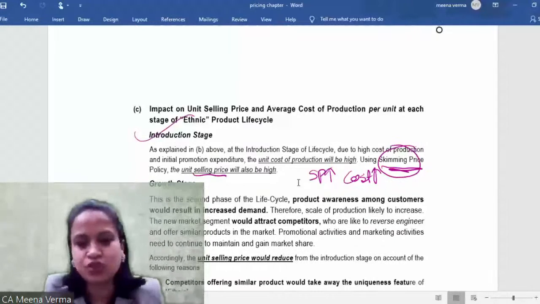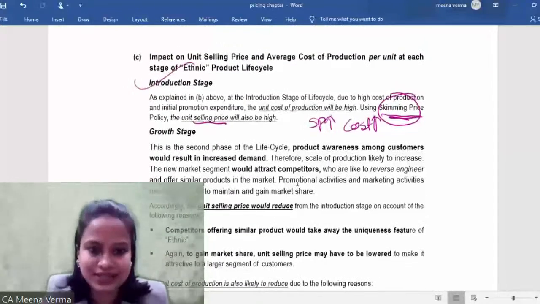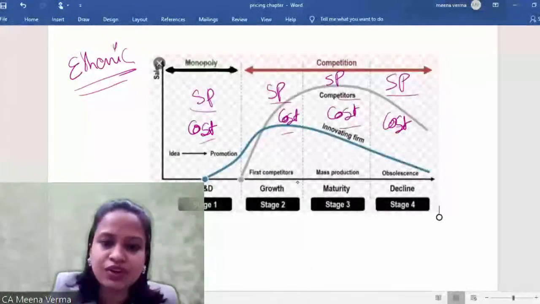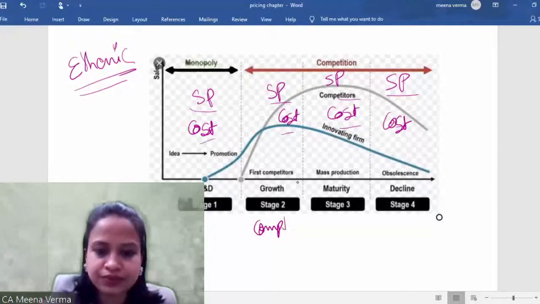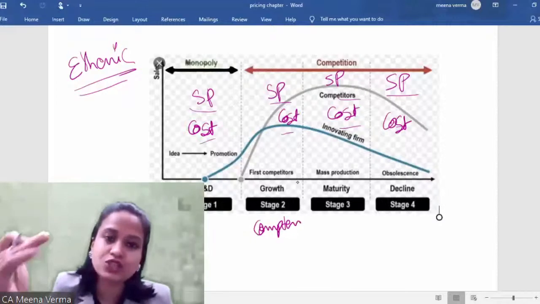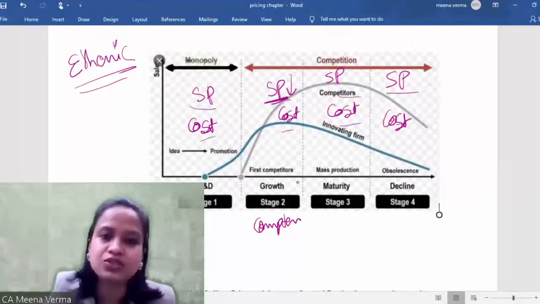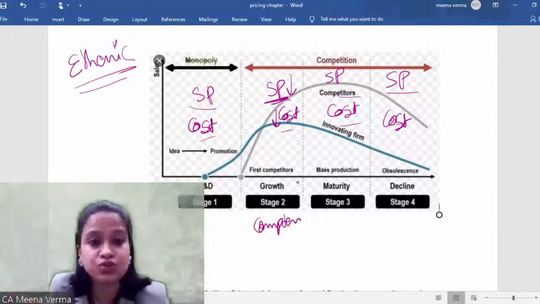Now if you reach the growth stage, competition will begin. Many other competitors will enter the market, and so in order to remain competitive you will try to reduce the selling price of your product, and also find a way to reduce your cost.